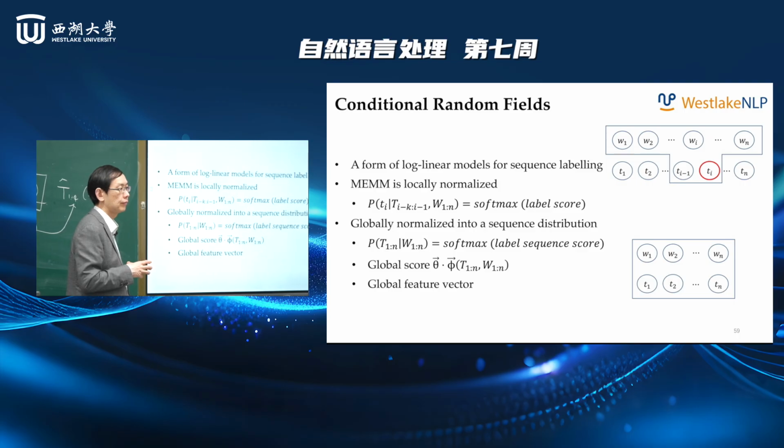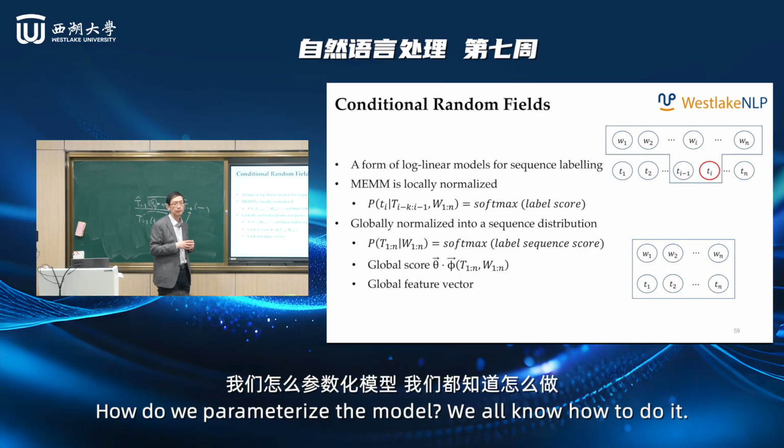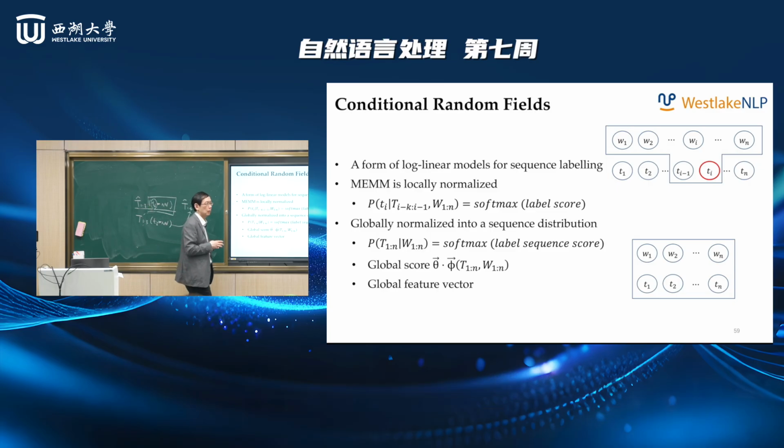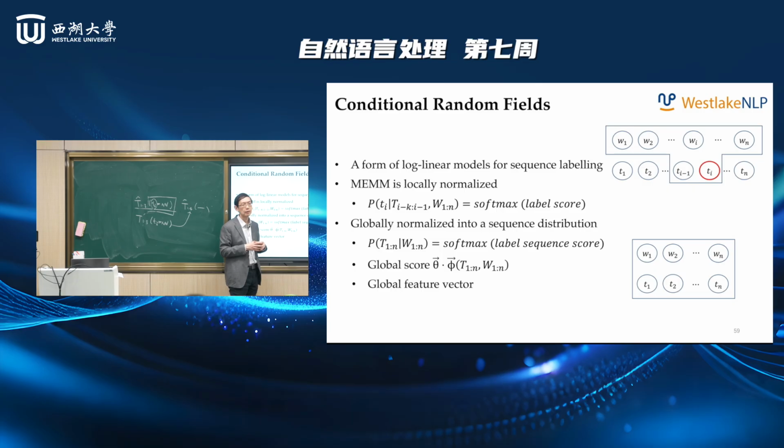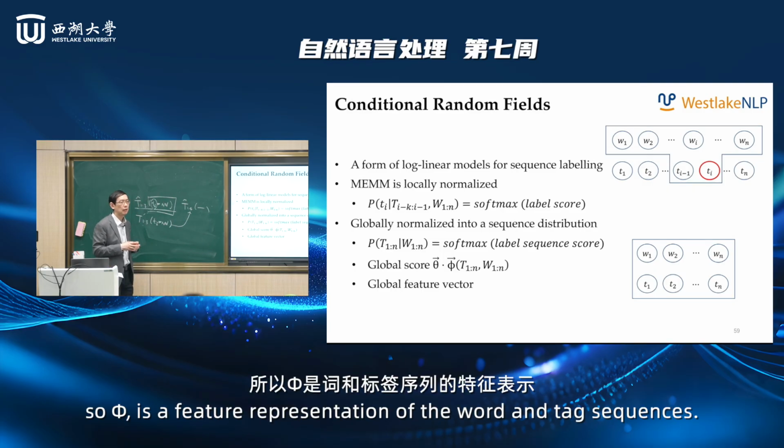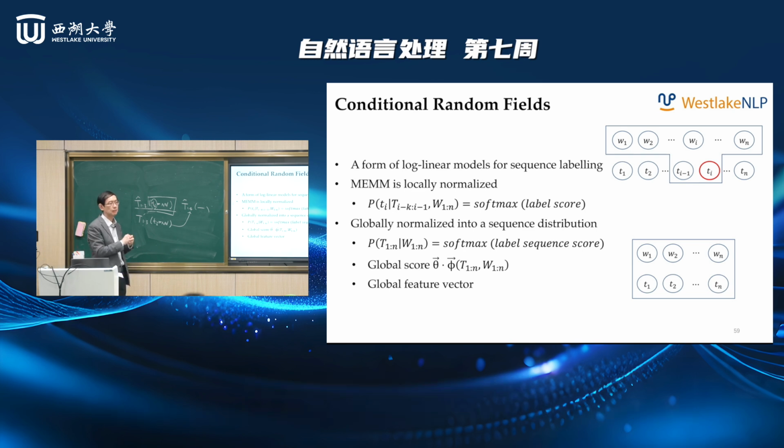How do we parameterize the model? We all know how to do it. The probability is equal to softmax of theta dot phi, okay? So phi is a feature representation of the word and tag sequences.